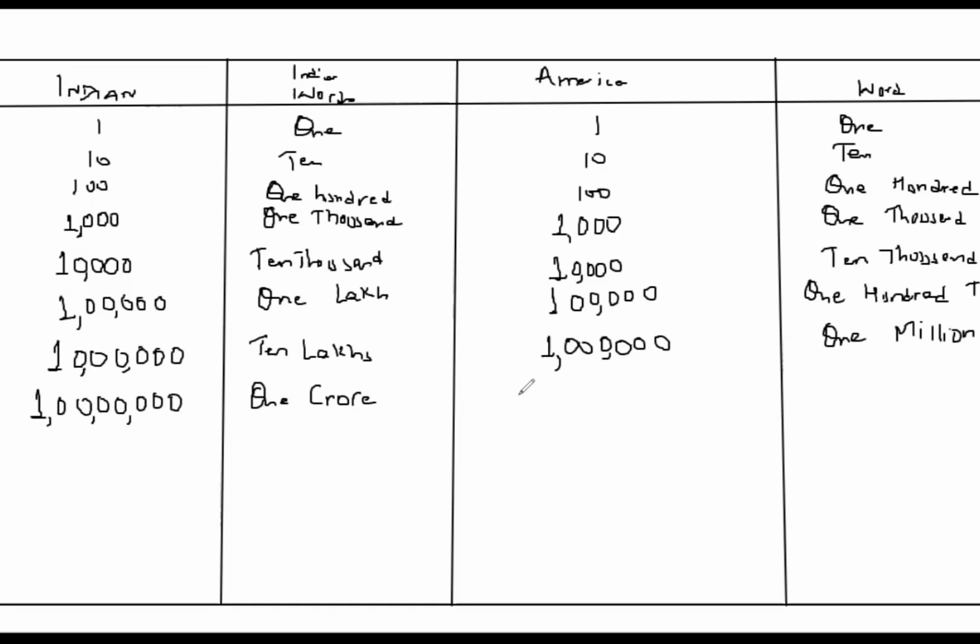Going into the US system, we'll put a period after every third digit. Now this is called 10 million.